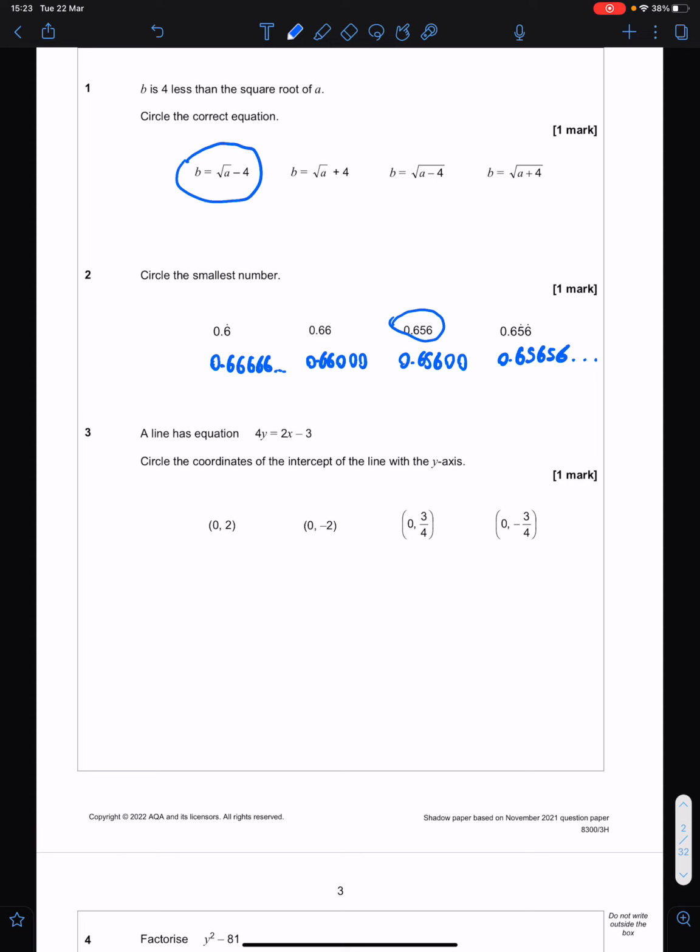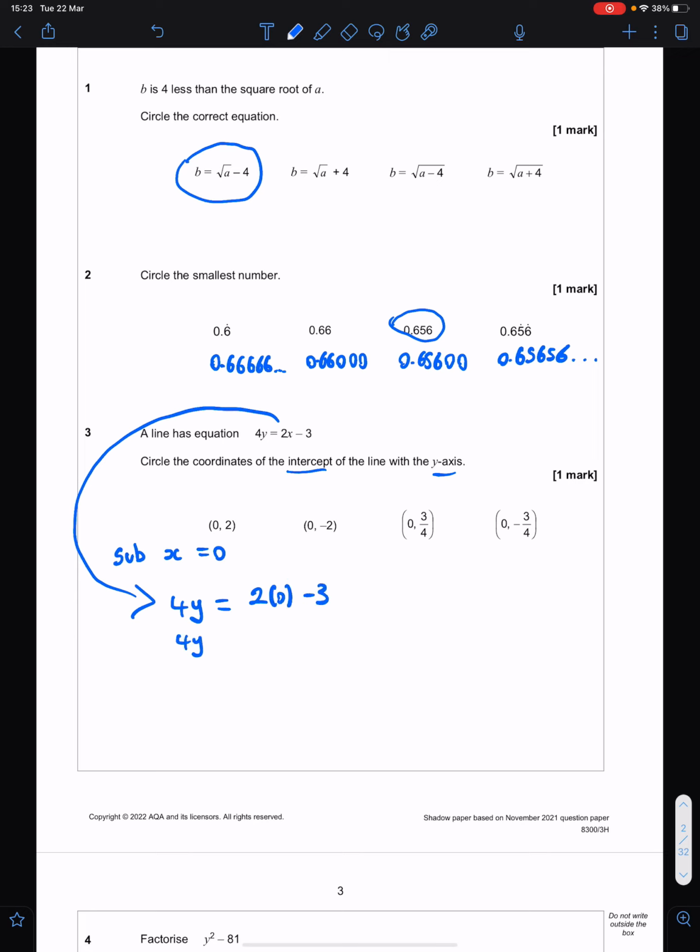Okay, next, the linear equation 4y equals 2x minus 3. Circle the coordinates of the intercept of the line with the y-axis. Okay, so wherever something intercepts the y-axis, that is when x equals 0. So with this equation, we're going to write 4y equals 2 lots of 0 minus 3.